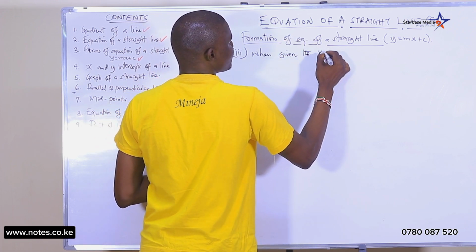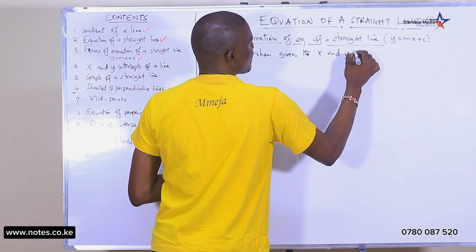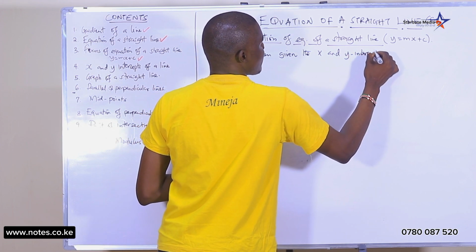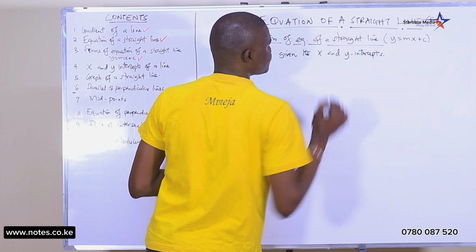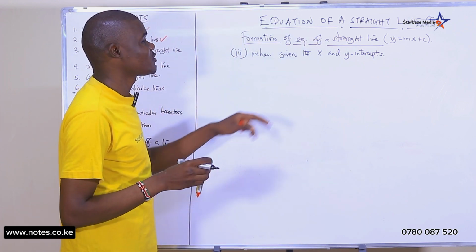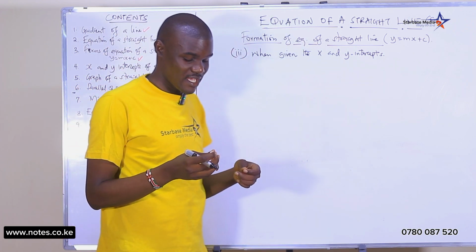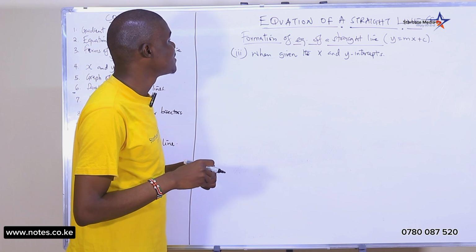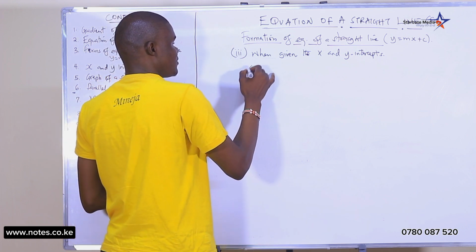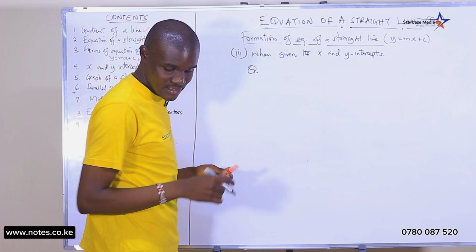the x and y intercept. So we already talked about x and y intercept. So this will make it very easy for you to understand. Let us write the question so that you understand it better.